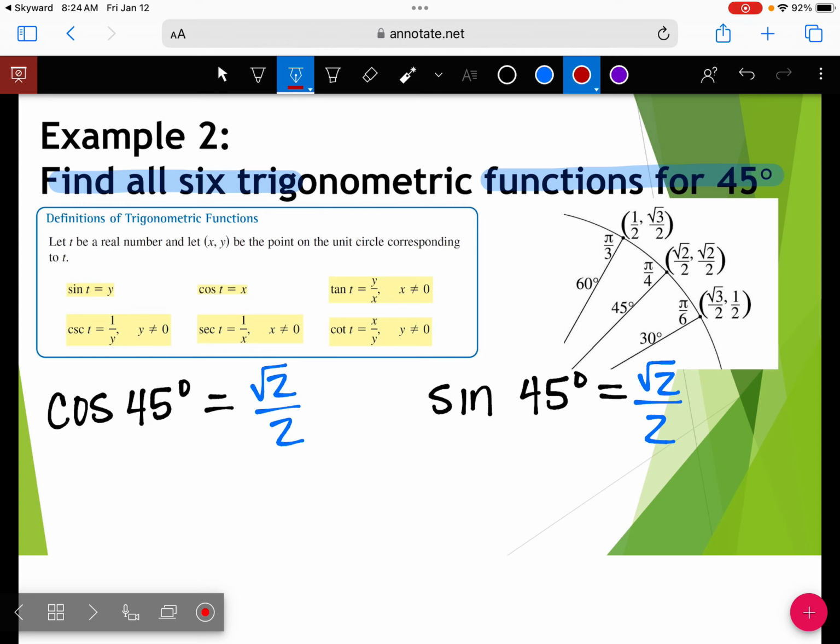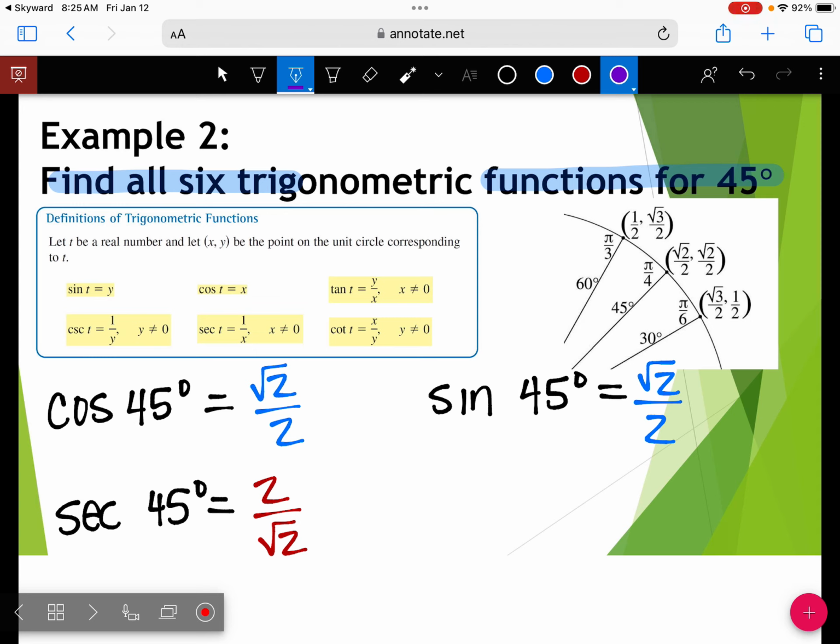Oh, really? Yeah. So when we find the secant of 45 degrees, we're going to flip it. And again, we have our red light, so go ahead and rationalize that. Multiply by square root of 2. So like on all the isosceles triangles, would the cosine and sine be the same as secant?